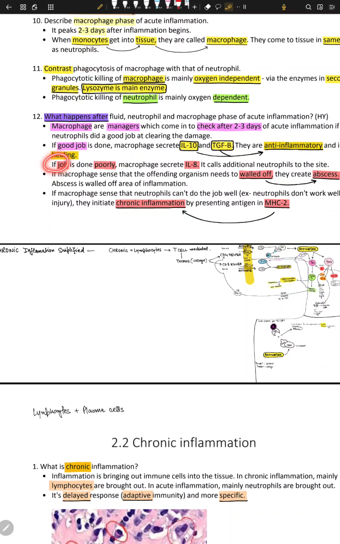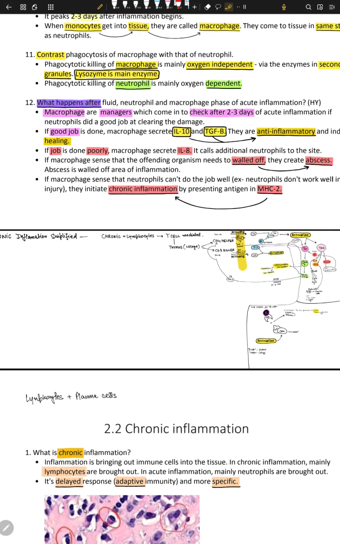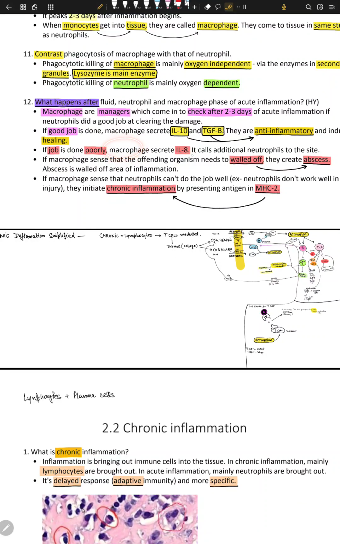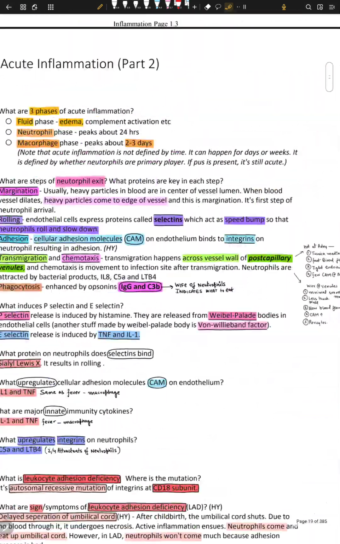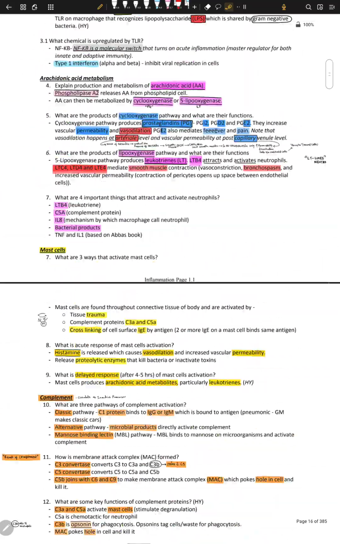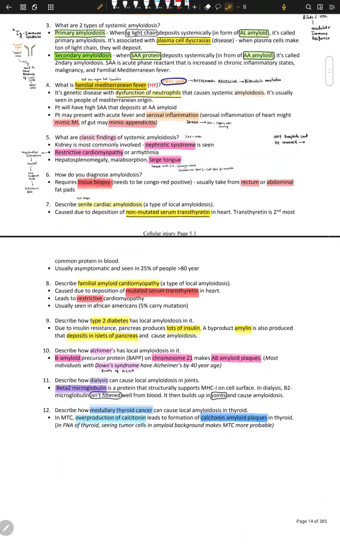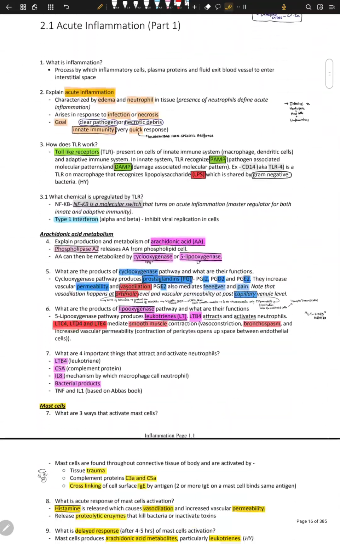If the job is done poorly, what will happen? The macrophage will again start to induce inflammation with IL-8. Do you remember IL-8? Let's go straight to this list of 4 because it's very important. It's a cool way to revise.